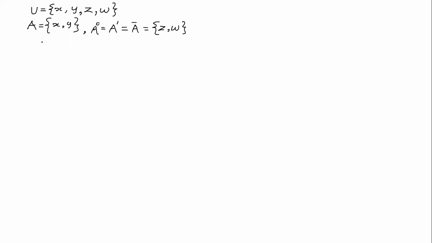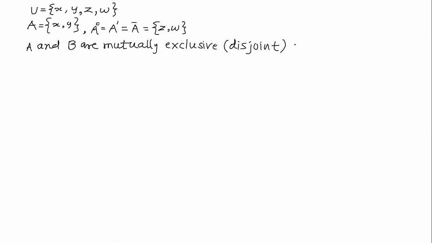When we say that two sets A and B are mutually exclusive, another name is disjoint, it means both do not share a common element; there is no element common in A and B. That means their intersection A intersection B must be an empty set, so you can write this or phi.